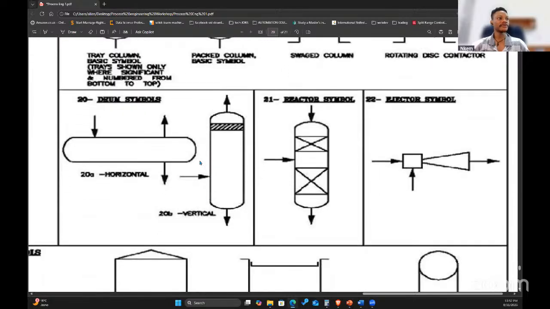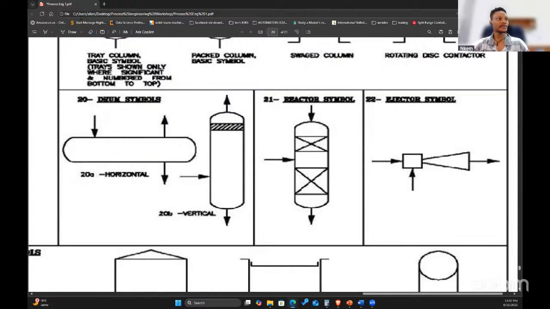And then you have the drum symbols, you have the horizontal and the vertical drums for separation, your two-phase and three-phase separators for separating three phases, either gas and two liquids, like oil and water. That's for your three-phase separator. Usually, it's a horizontal separator, okay?